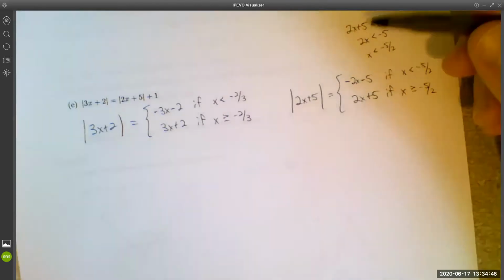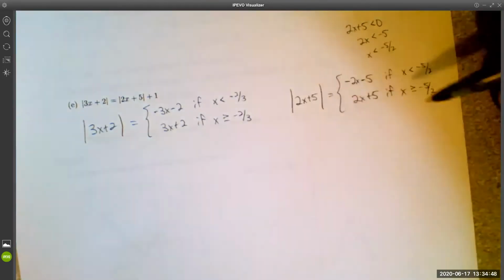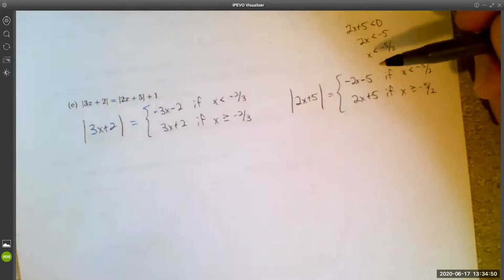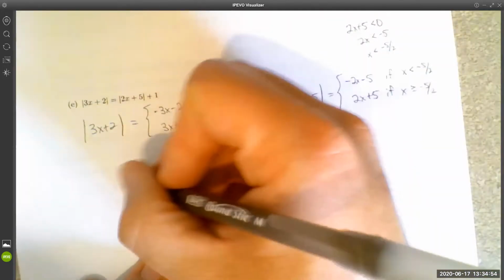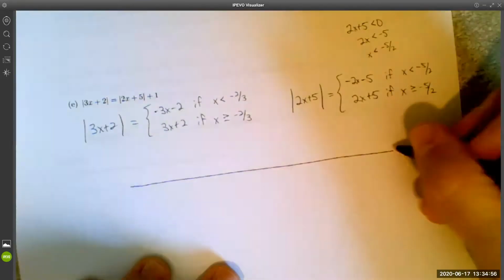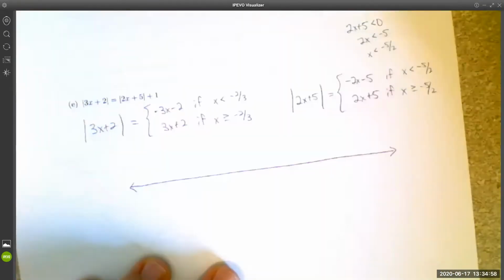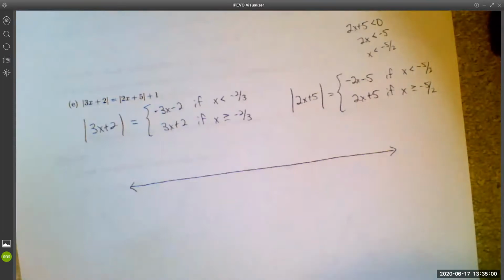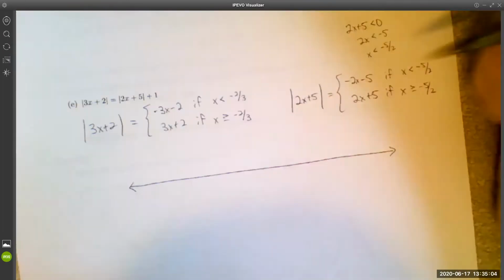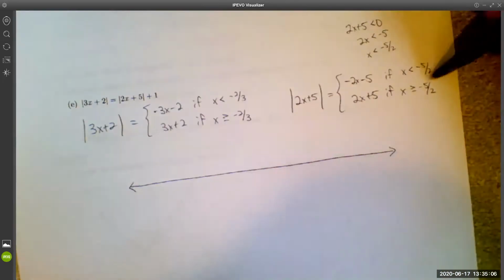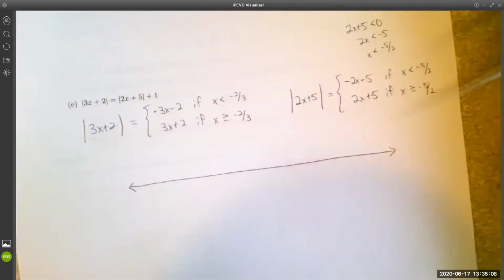At this point, since I have a lot going on, I'm going to draw a little number line just to help me keep track of all the moving parts. So this equation is going to change rules at negative 5 halves and at negative 2/3.